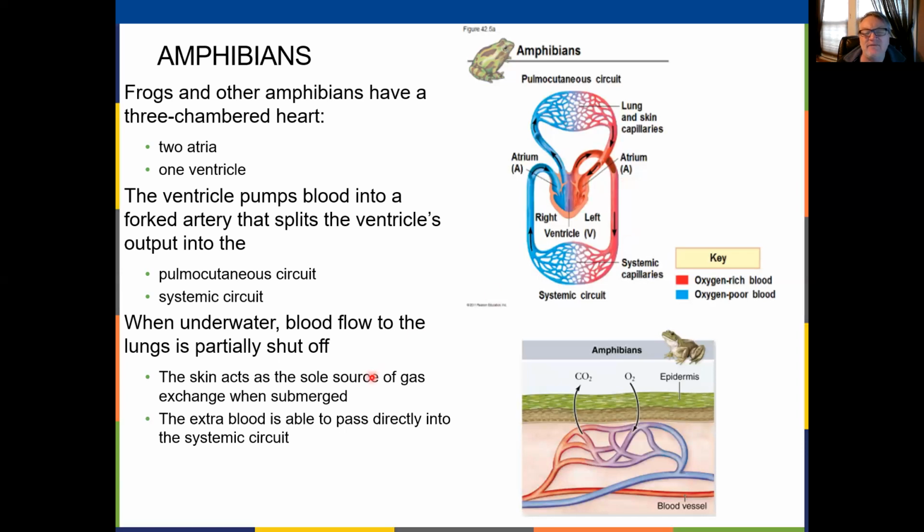But it has the advantage, again, because it allows a transition between the land and the water fairly efficiently. Now, you're going to also see this in an animal, like an amphibian, that has low metabolism. So they already don't have as high of a need for oxygen. So that's going to help us.